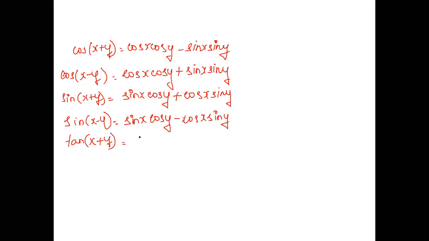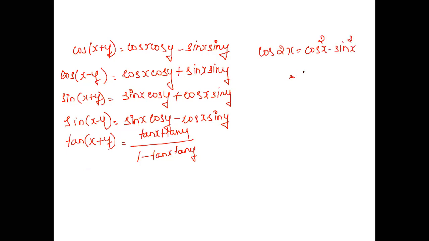So what is tan x plus y? Tan x plus y is tan x plus tan y divided by 1 minus tan x tan y. Similarly tan x minus y, all those things you have to study. You have to study the formula for cos 2x also, all the 4 formulas: cos square x minus sin square x, 2 cos square x minus 1, 1 minus 2 sin square x, and 1 minus tan square x by 1 plus tan square x.